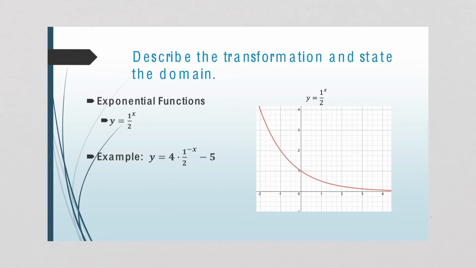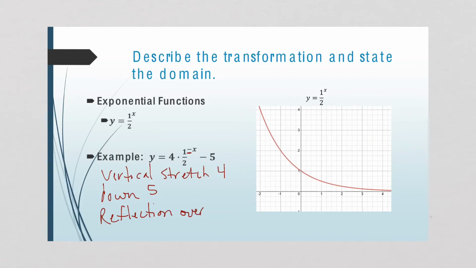Here we see a decay graph. Same ideas apply. All of my normal transformation rules occur. So I have a vertical stretch of 4. I went down 5, and because the negative is with the x, this is a reflection over y.